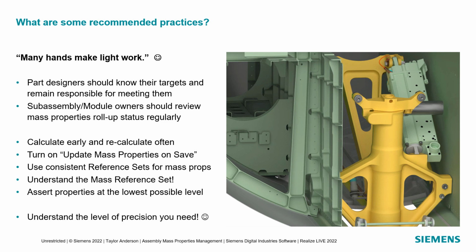Asserting at the part level is more consistent, because assertions at subassembly levels end up being instance attributes specific to individual instances, so they don't roll up quite as well. The last bit here: understand the level of precision that your design requires. That's a good thing to know.